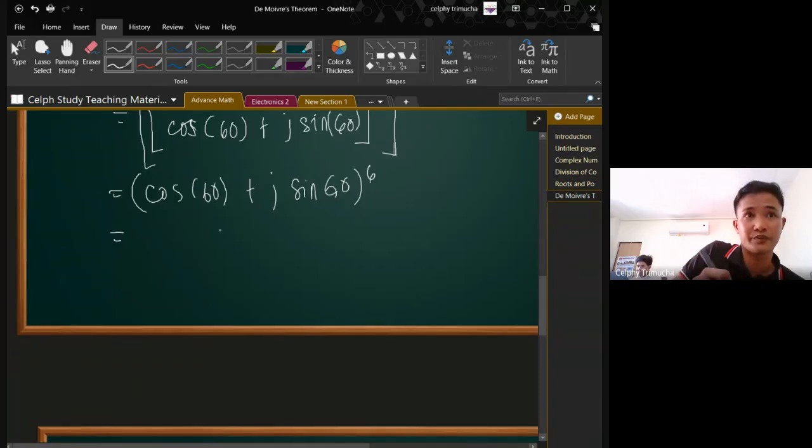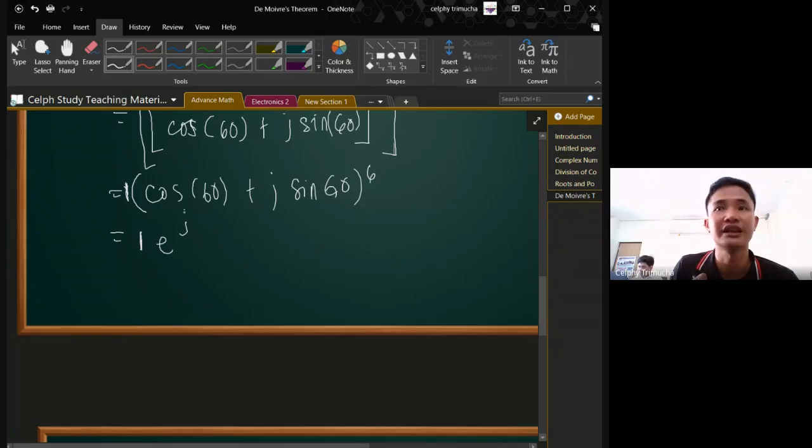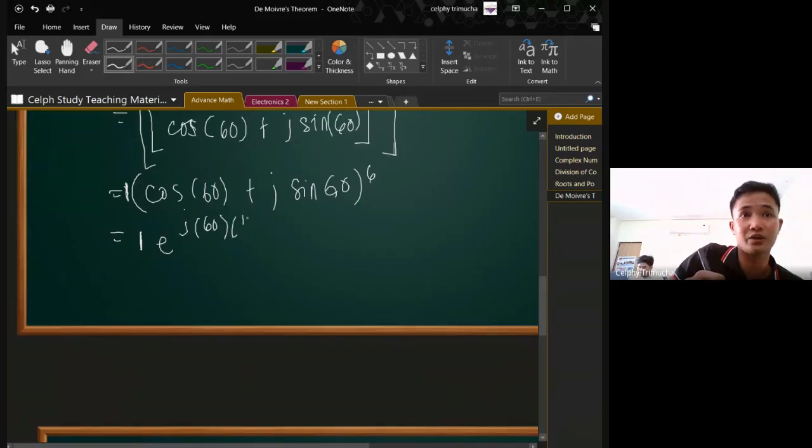In this form of the equation, there is no coefficient, so it is just 1, then e, then j, then the angle 60 times pi all over 180.